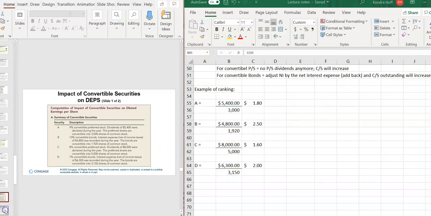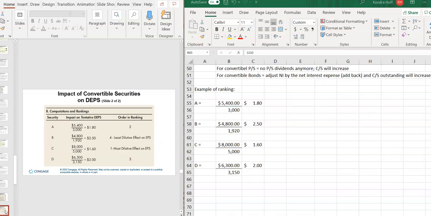Okay, so the order and ranking, this one with the lower impact, this is the most dilutive. This is the most, then the $1.80, then the $2, and then the $2.50.